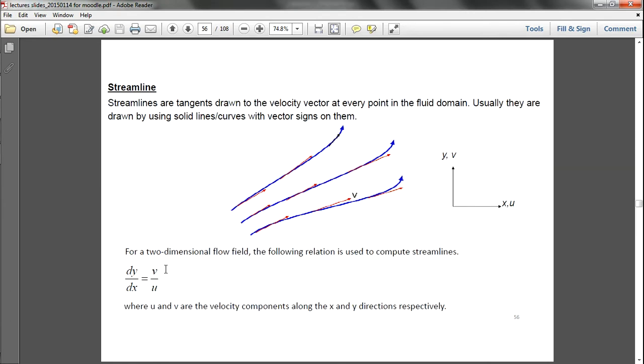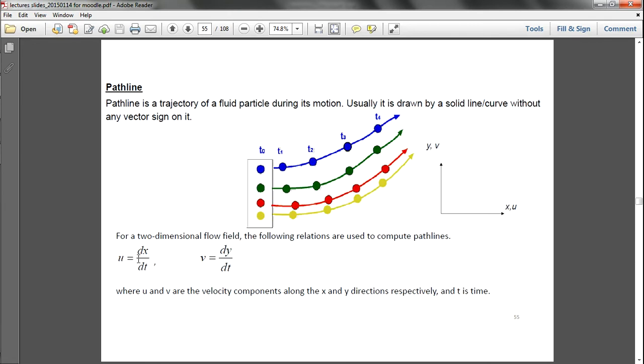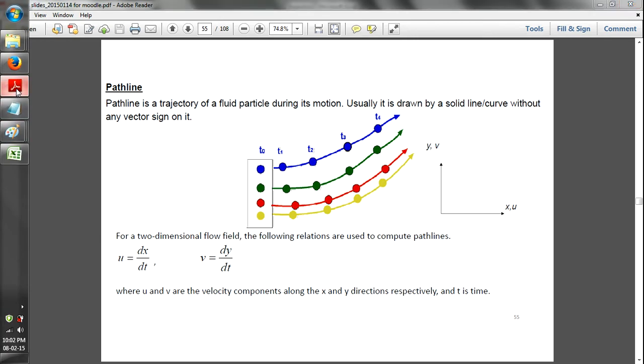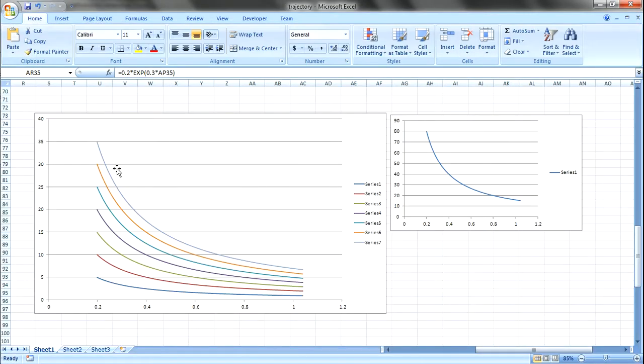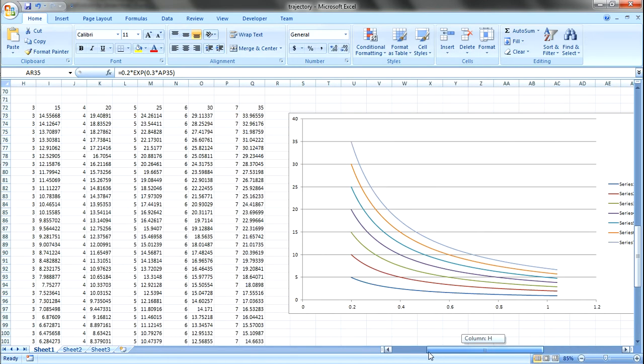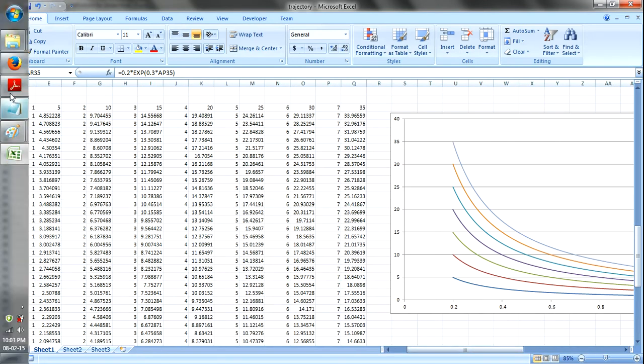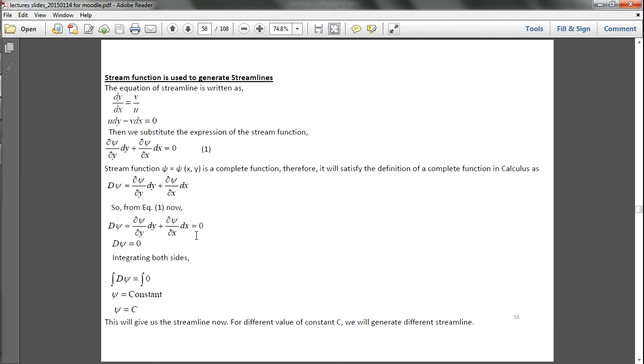You remember last video we talked about how a streamline is tangent to the velocity vector due to u and v. So I have the graph over here. This is the plot of different streamlines. So the Ψ itself is the streamline value.